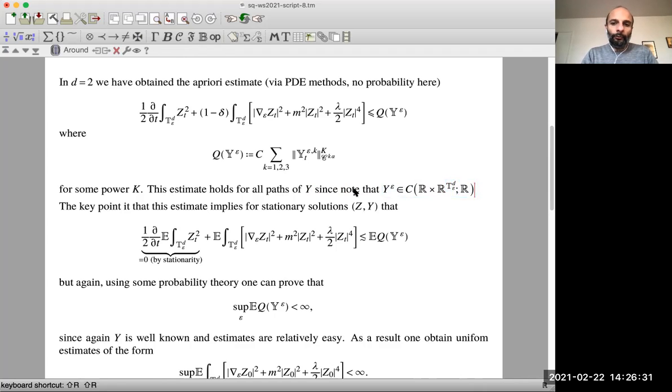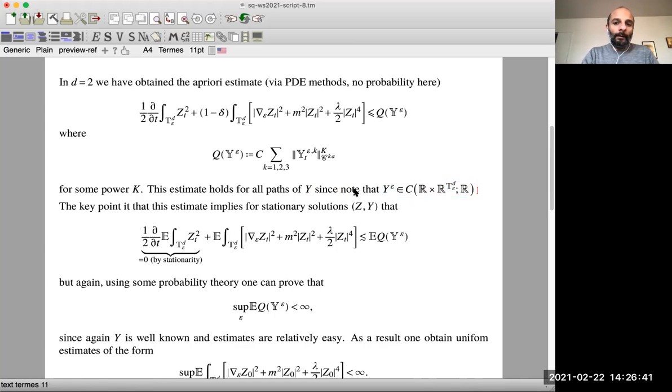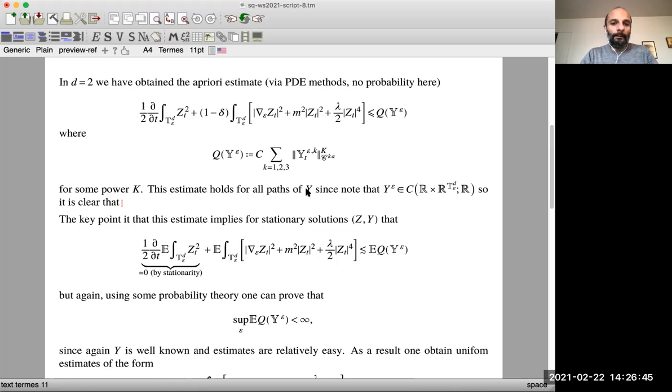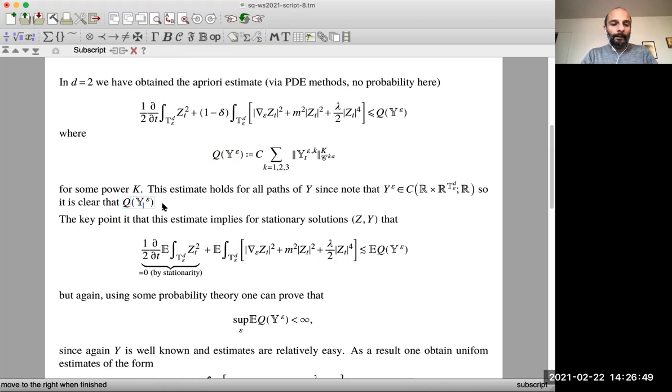What we are trying to do, we don't have a problem to define our objects, okay? What we have a problem with is, so it is clear that Q_t y is finite, okay? What we have a problem with is, do we have a uniform estimate, okay?